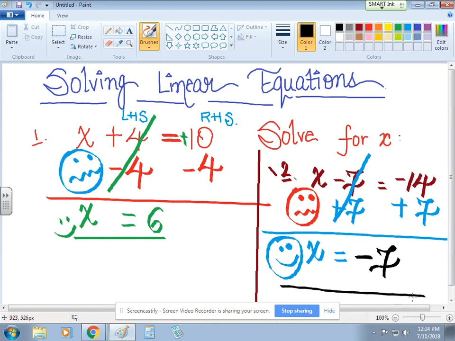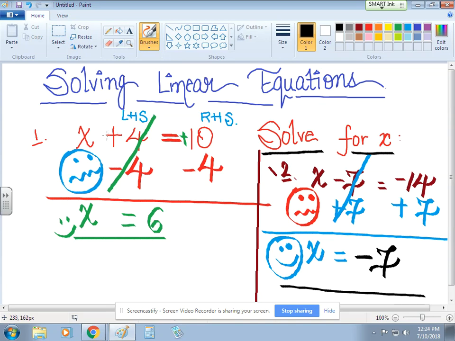So again, students, what was the main summary of the video? What was the main story going on here? Always remember, when teacher tells you to find x or solve for x, you always think that x is grumpy whenever somebody is next to x. So X says, okay, go out of here. Whenever they go away from X, you change the sign to the opposite sign that was already there.